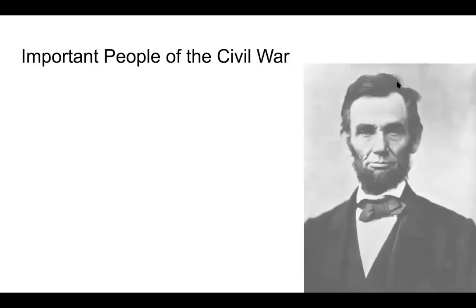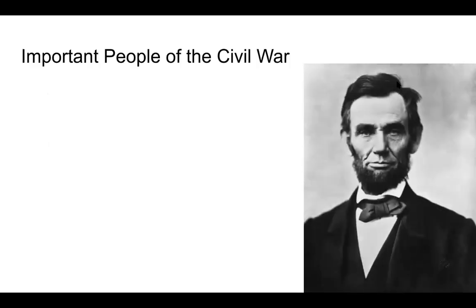All right, so important people of the Civil War. I think it's a good time to talk about Abraham Lincoln and anything that you know about him that you want to share with your student. That he had a long career as a senator, so involved in the Lincoln-Douglas debates. So he's from Illinois.